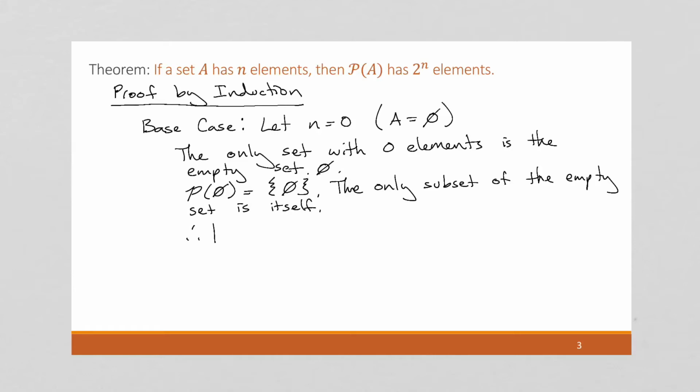Therefore, the size of the power set of the empty set is going to equal 1. Okay, so let's take a look at this formula, 2 to the n. Also, 2 to the 0 is equal to 1. So since both are the same, the base case holds.